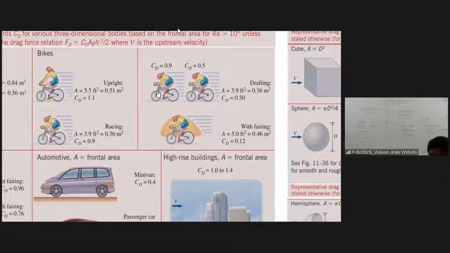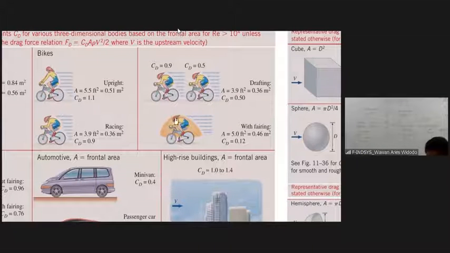If two bikers are riding, one in front and the other behind, you can see the drag coefficient behind the first biker is less than in front. Here the drag coefficient is 0.9, and if the distance between the two bikers is not far, they are able to reduce the drag coefficient to 0.5.